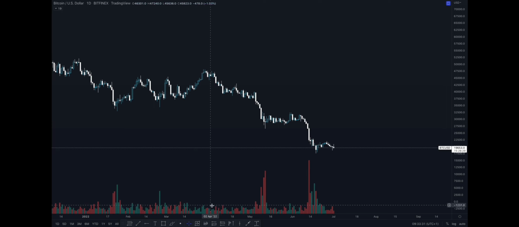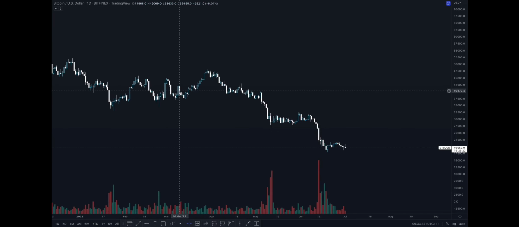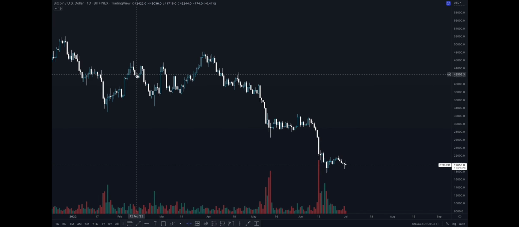Relatively, there wasn't much. Here's a good way of framing it: price spent a lot of time in this area. It spent a lot of time between 37 and 47, all right? Lots of time.